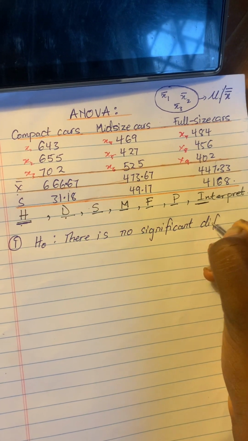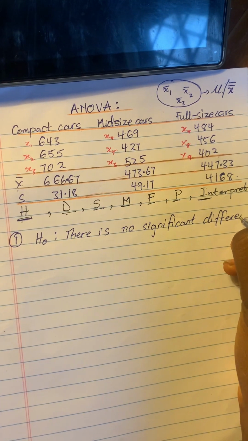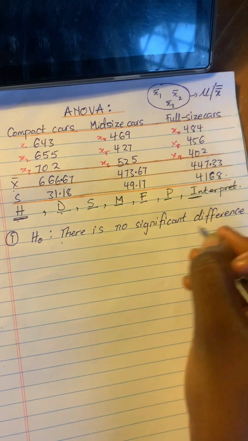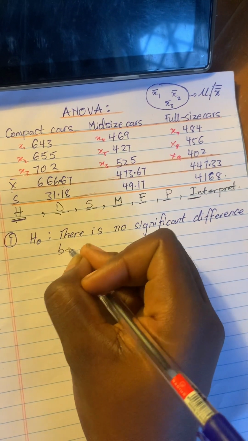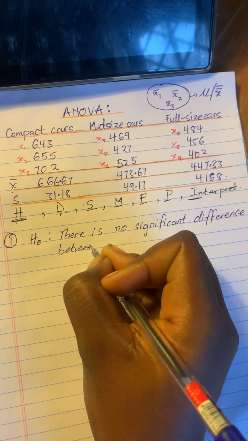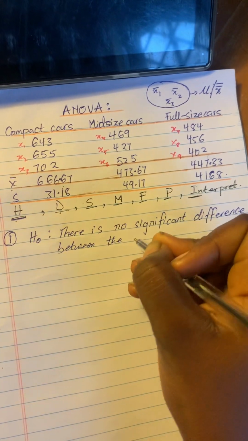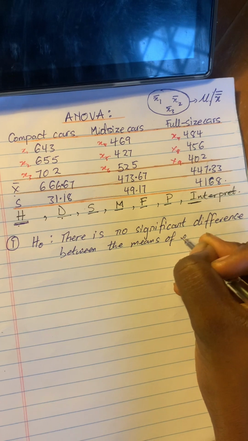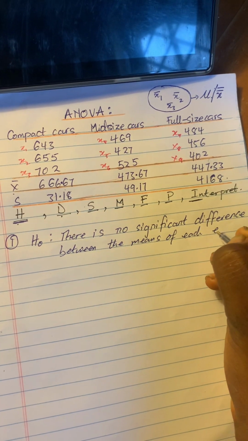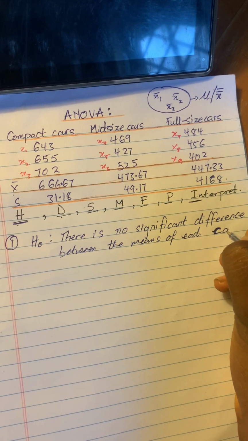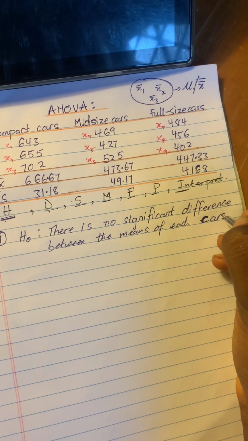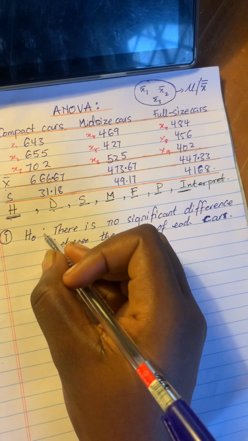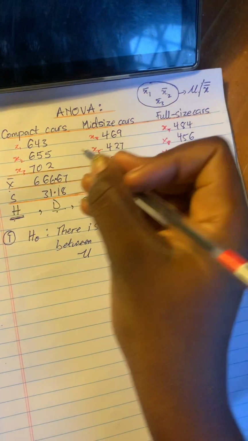So here we say that the null hypothesis is that there is no significant difference between the means of the groups. Since we are dealing with the pressure of cars, there is no significant difference between the mean pressure of each car.